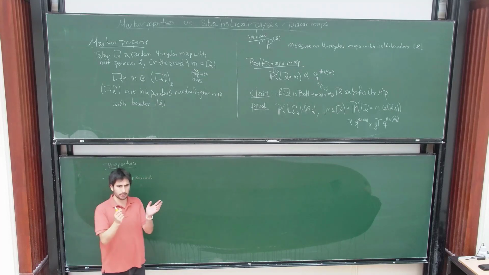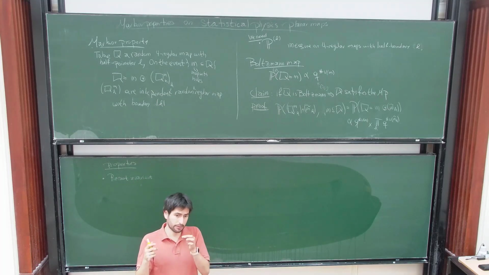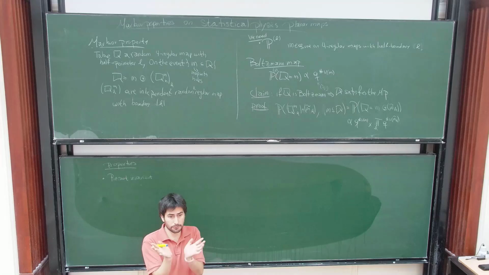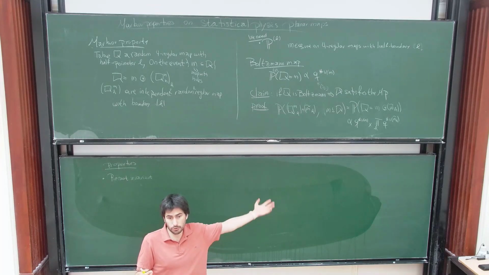If you change the root edge to another root edge that stems from the root vertex, the law will be the same, because after rerooting the resulting map has the same number of vertices, and the probability is just proportional to the number of vertices.